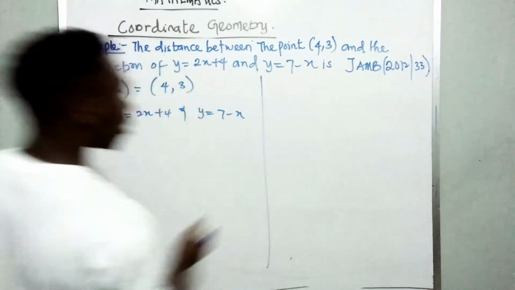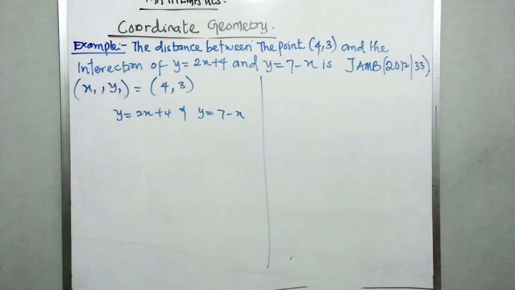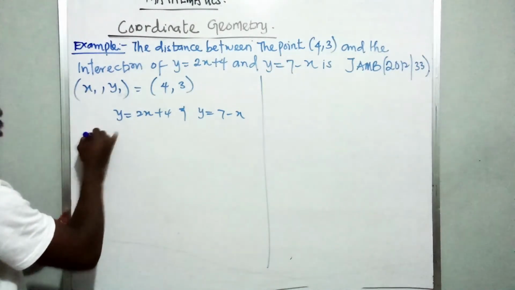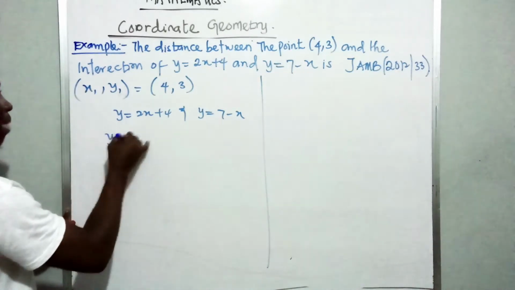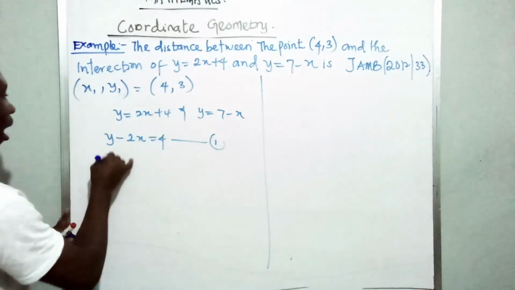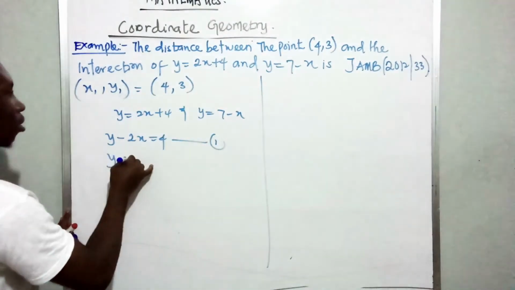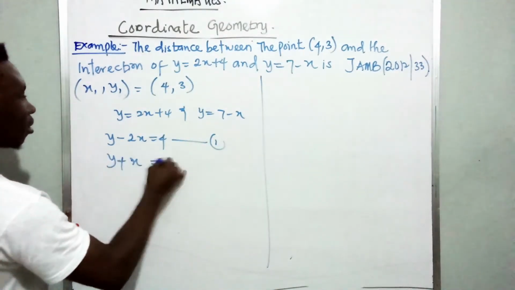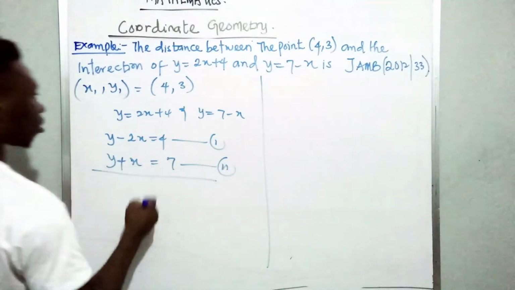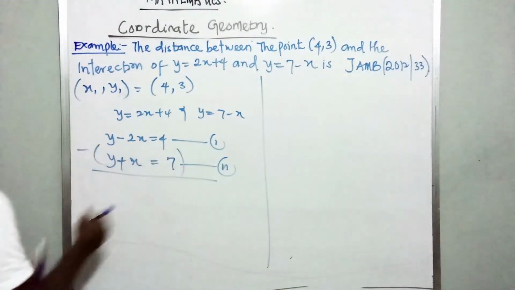So from this intersection, we're going to find our x2 and y2. So let's arrange this like a simultaneous equation. That's y minus 2x is equal to 4, equation 1, and y plus x is equal to 7, equation 2. So, solving by elimination.